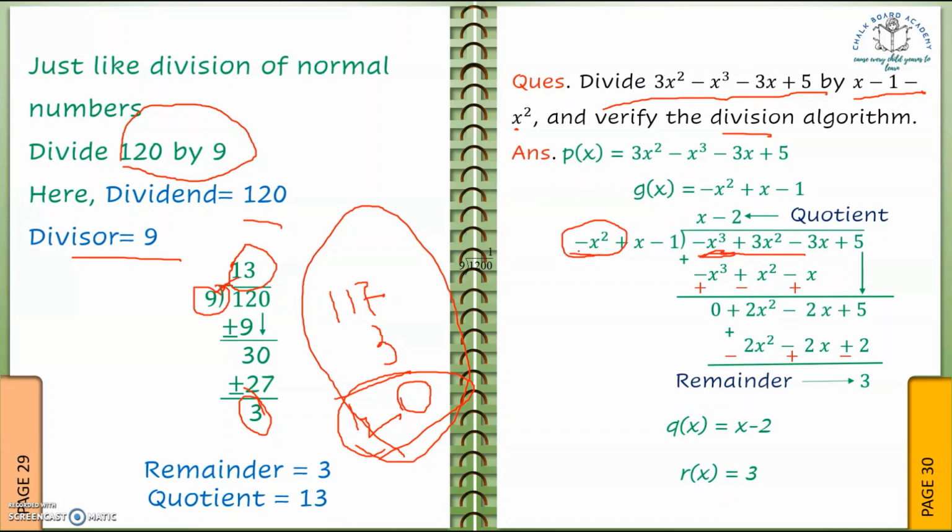So we are going to multiply x square by x, then only we can get minus x cube. So we have multiplied by x, so we got minus x cube. Now this x is multiplied by this x, so this is x square, and then by minus 1, so it's minus x.